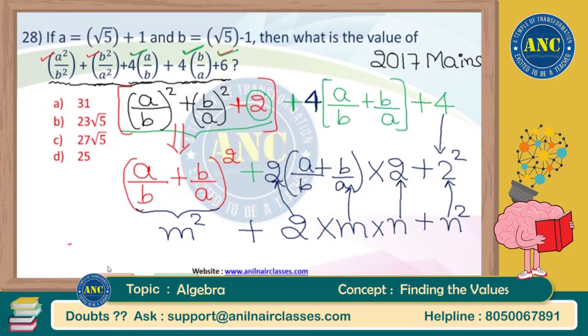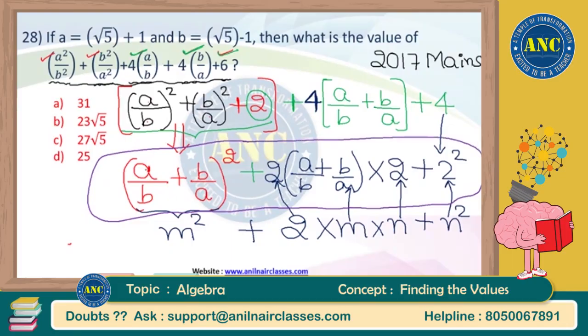This is how beautifully I want you people to analyze. This entire expression can be written as m plus n whole square, where m is nothing but a by b plus b by a, n is nothing but 2.